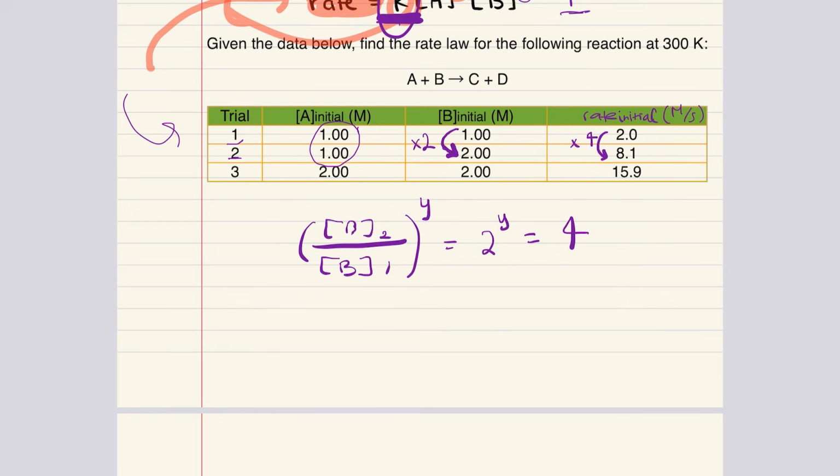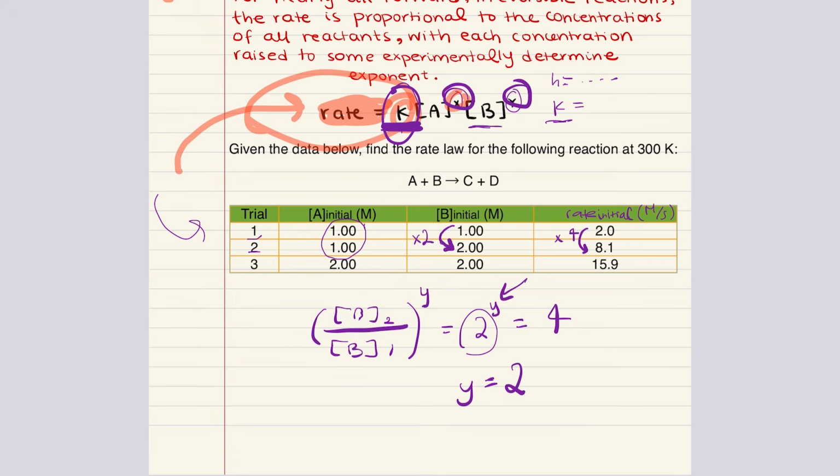So y is equal to 2. So when we write our rate equation, our concentration of B is going to be raised to a factor of 2 to indicate that there is a second order dependence.